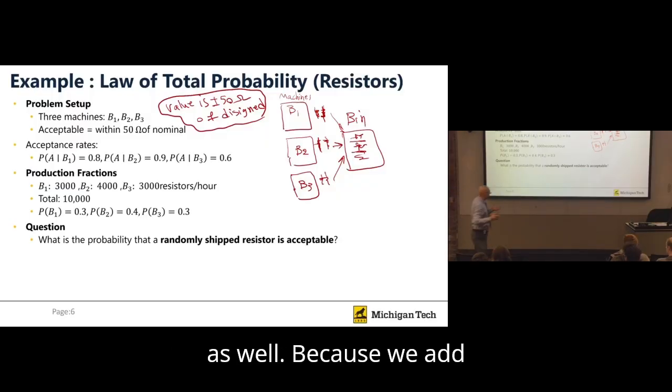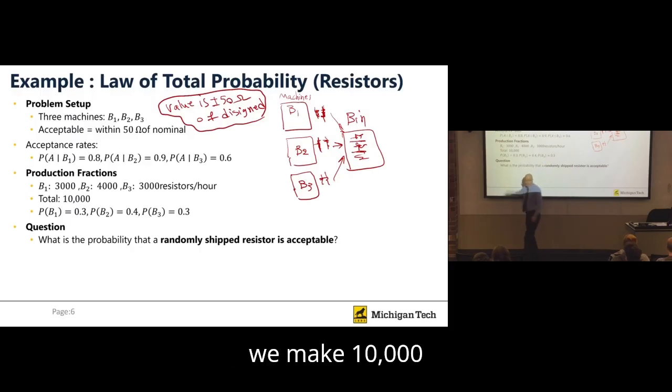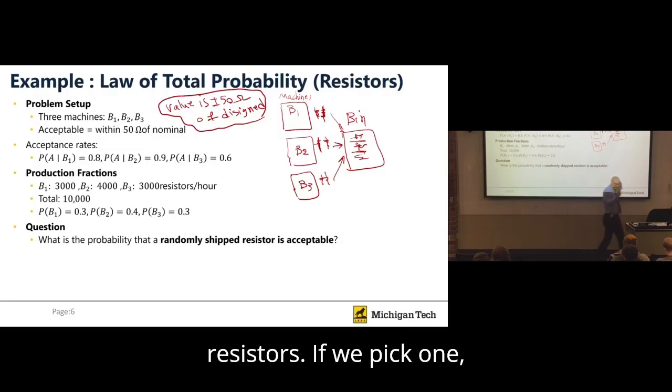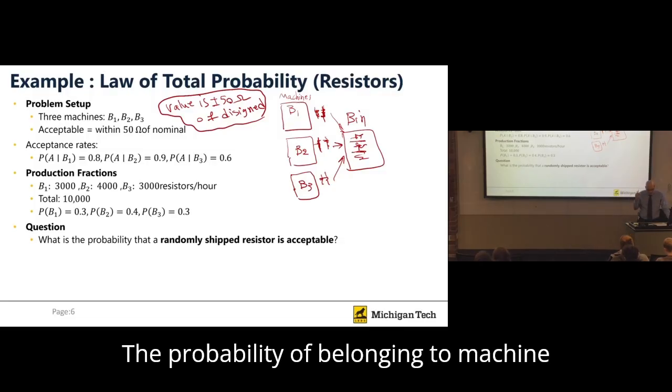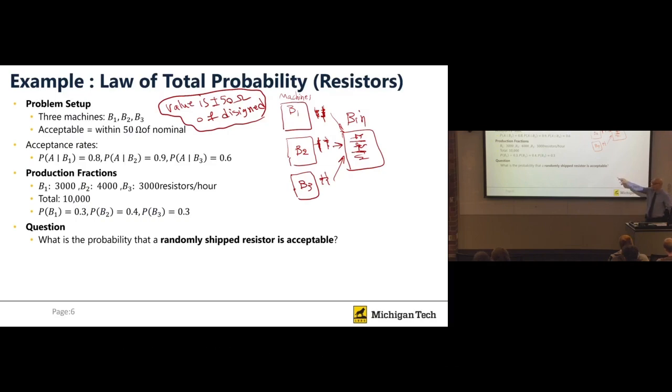Adding them together, in each hour we make 10,000 resistors. If we pick one, the probability of belonging to machine 1 is 3,000 over 10,000, 30%.